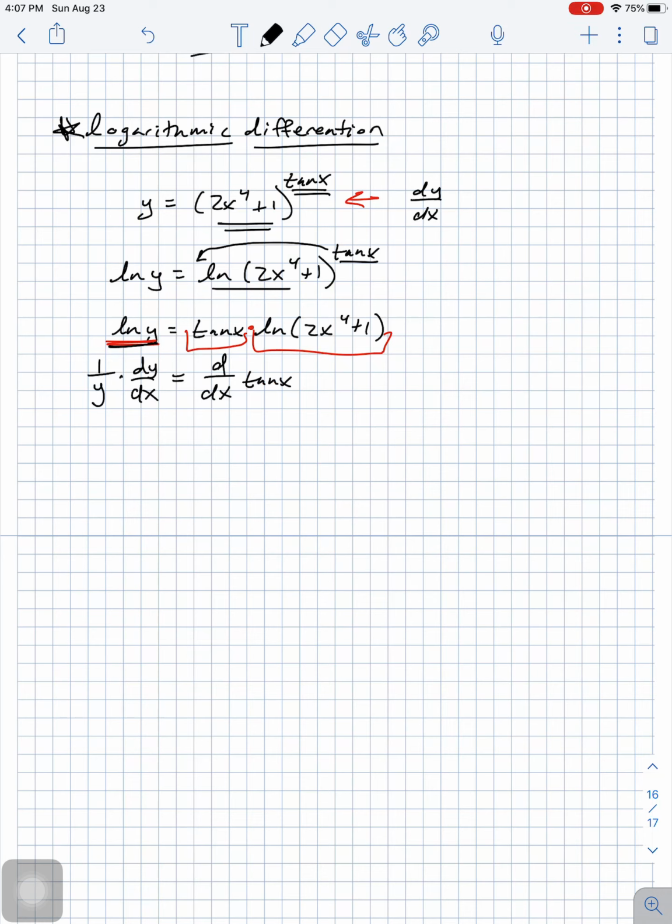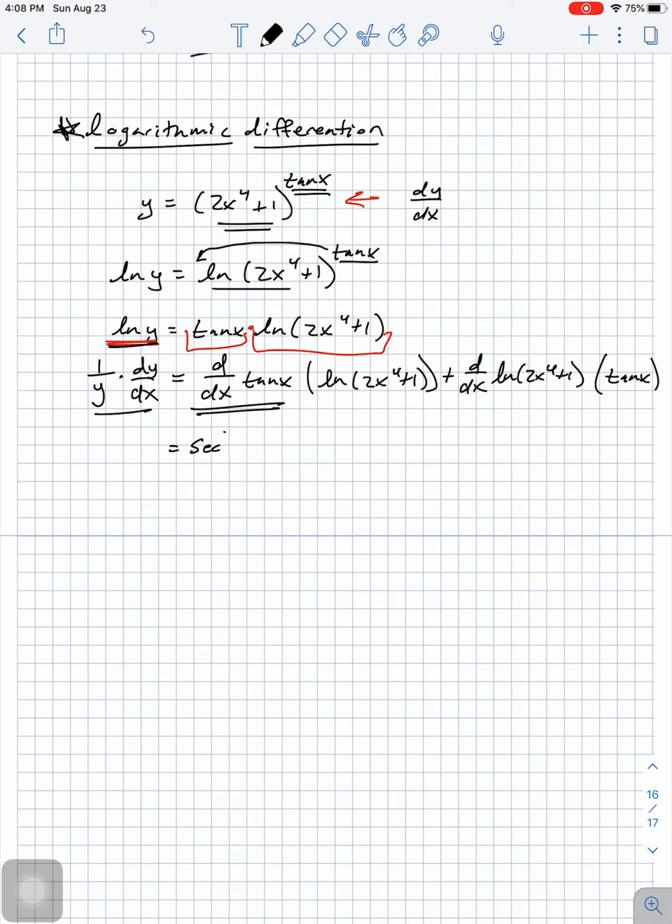Derivative of the first term times the second term plus the derivative of the second term times the first term. Okay, so let's take these derivatives. This derivative, we'll come back and deal with the left side at the end of the problem.